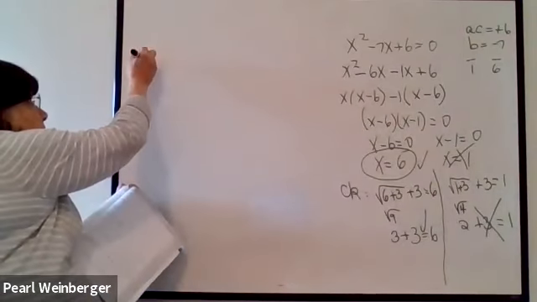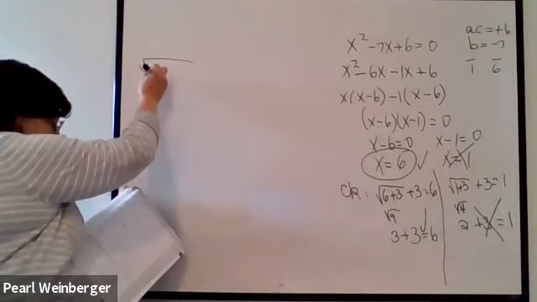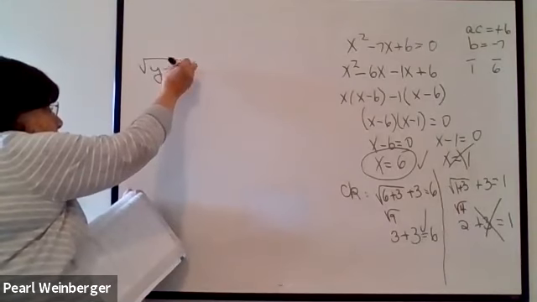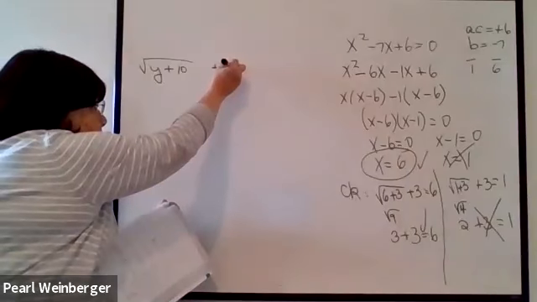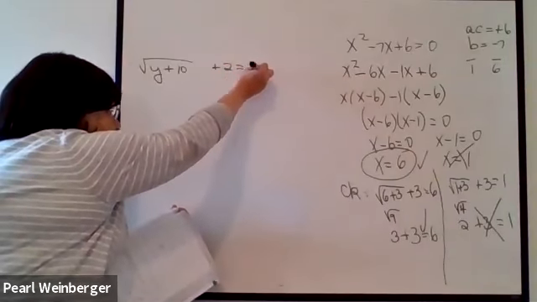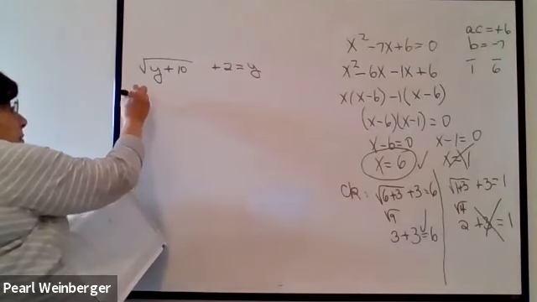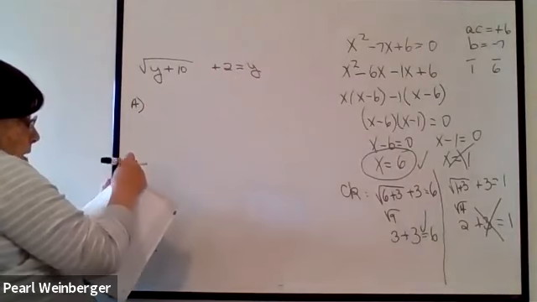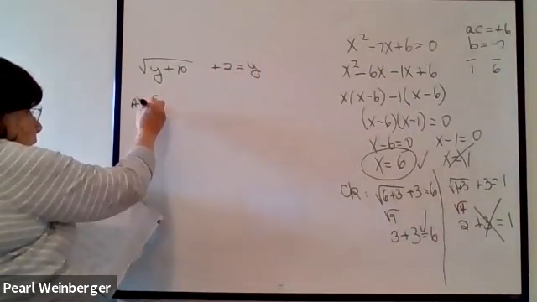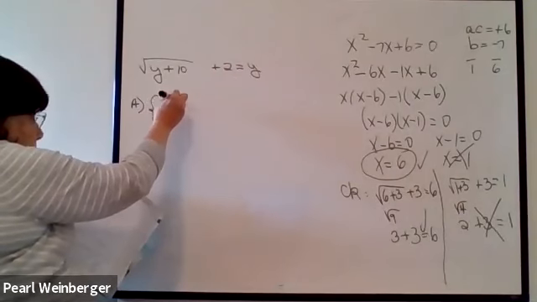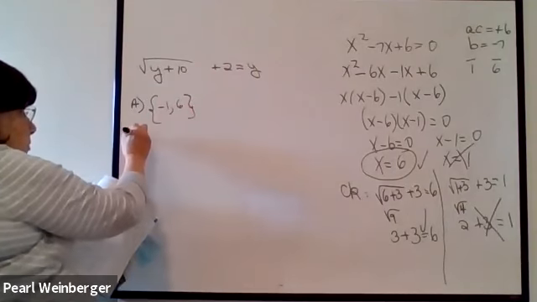Okay, so here's the example. We have y, equals the square root of y plus 10, plus 2 equaling y. Here's our equation that I want you to solve. Here are the answers. A: -1 and 6, two answers.